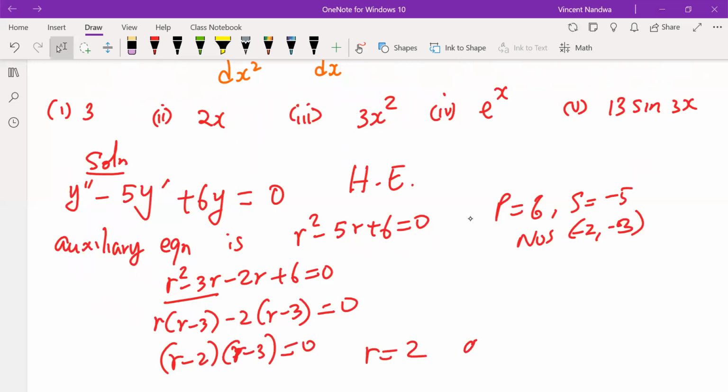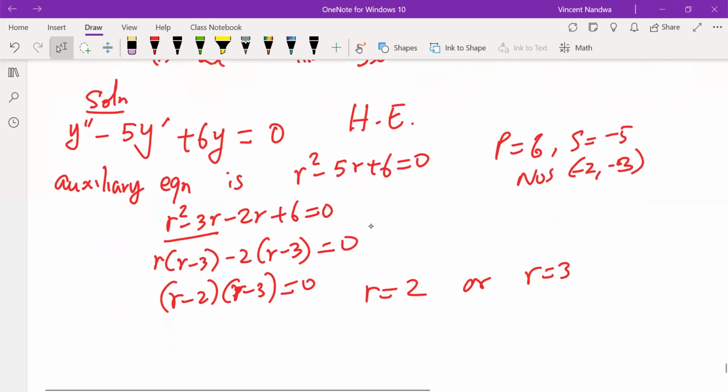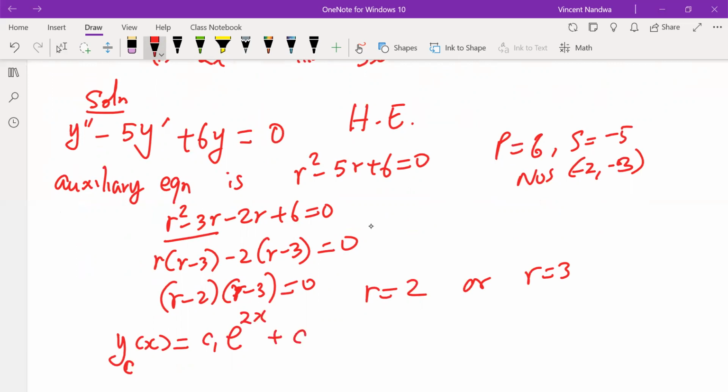So r equals 2 or r equals 3. So the homogeneous solution or complementary solution is given by C1 e raised to the power 2x plus C2 e raised to the power 3x.